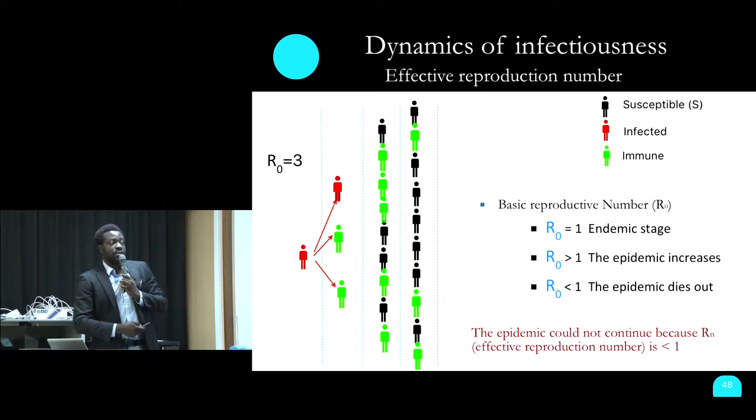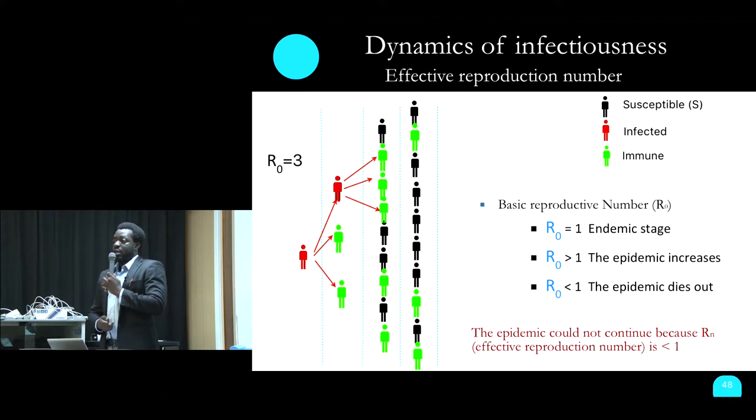And in the next transmission round, this one can transmit to 3 because the R naught is 3, but it had contact only with those who were immune, meaning that the epidemic stops here. So what does it tell us?